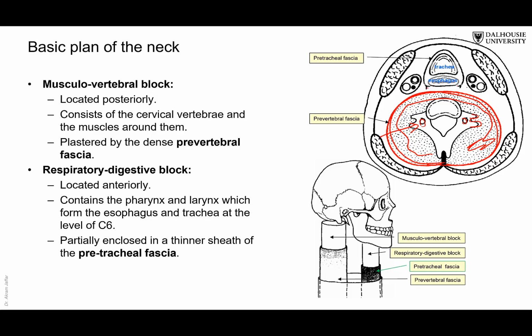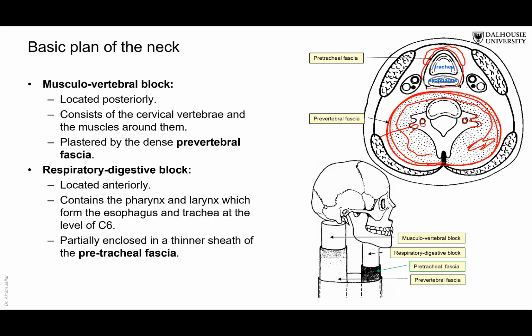And then the other block here is called the respiratory digestive block, because it contains the larynx and the trachea below the level of C6. It contains the pharynx and the esophagus below the level of C6. In addition to that, this block also contains the thyroid gland, as we will see in a moment, and it is surrounded by another layer of fascia, which is called the pretracheal fascia.